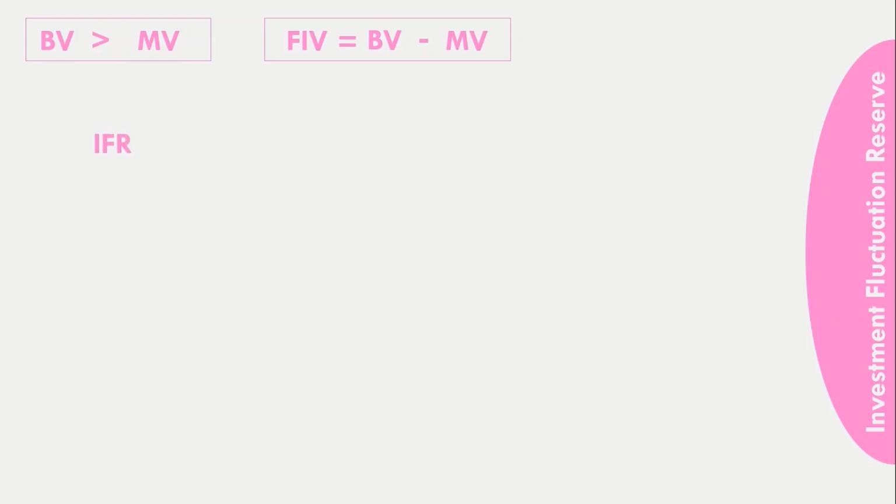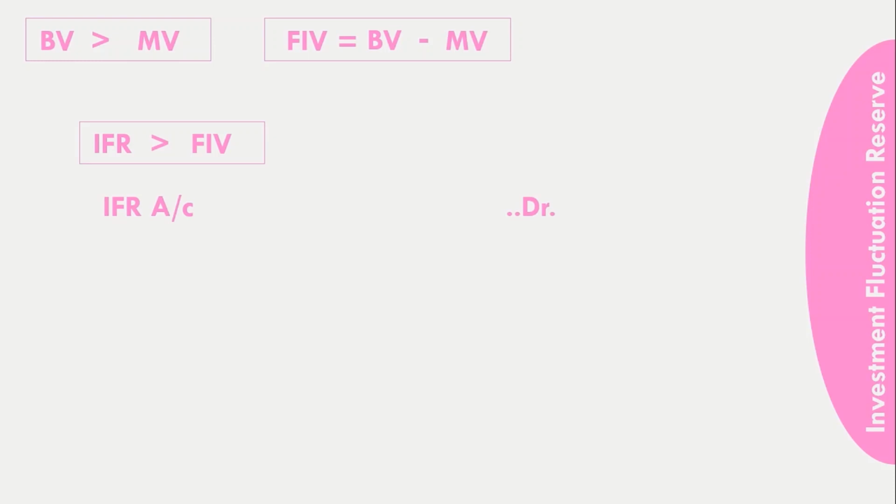So if investment fluctuation reserve is more than fall in value, for example, fall in value is rupees 4,000, but in our reserve we have rupees 7,000, so we have rupees 3,000 more. Okay, first we will clear investment fluctuation reserve by debiting it.